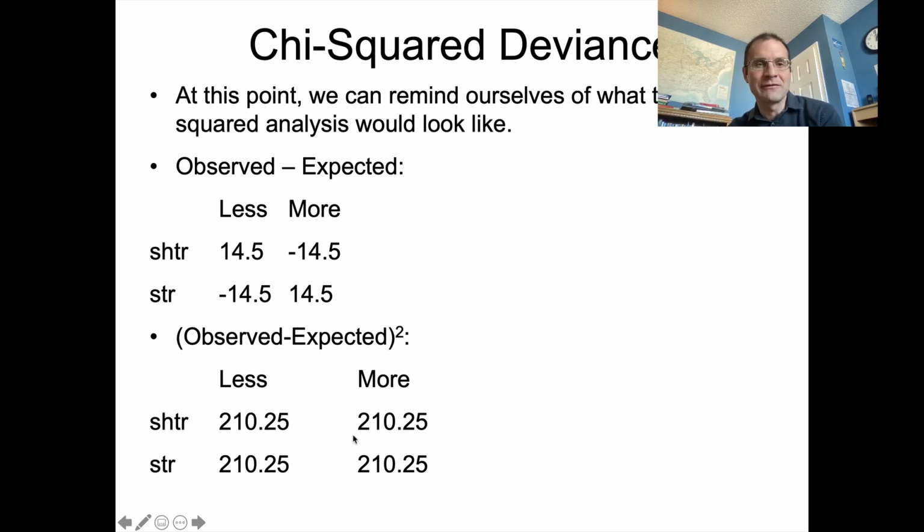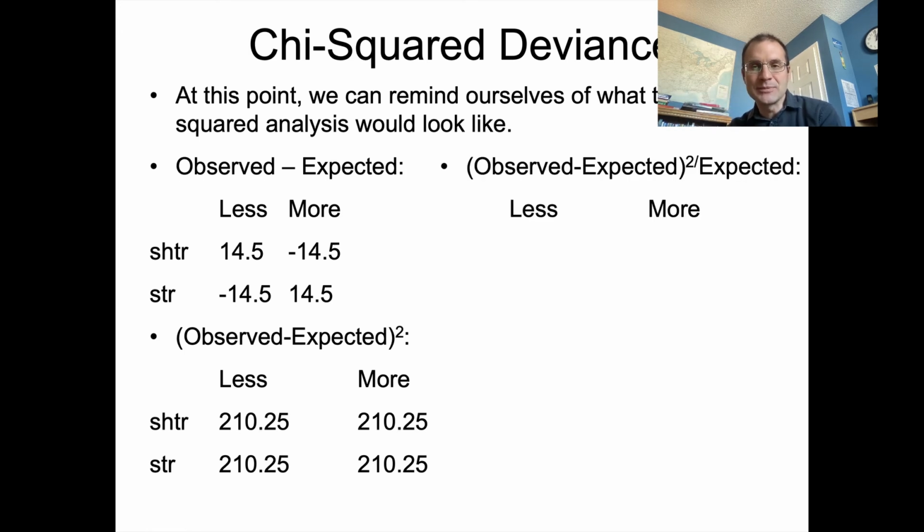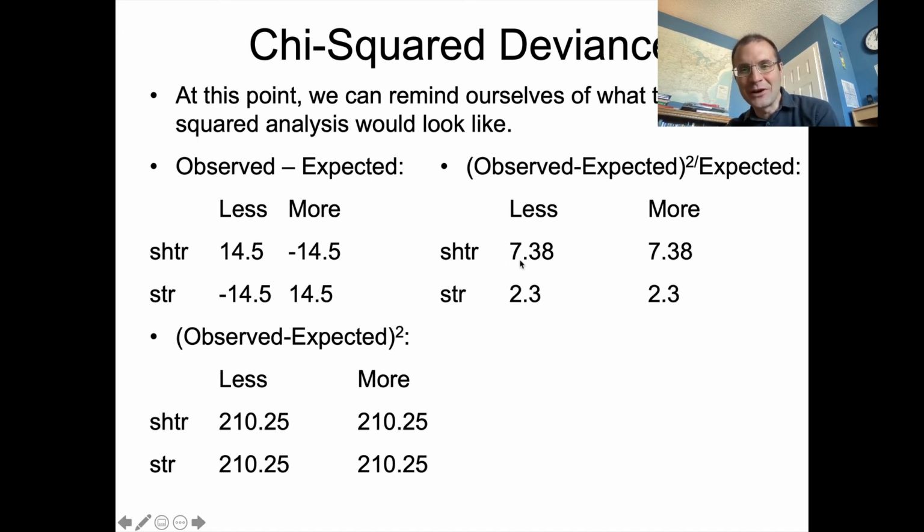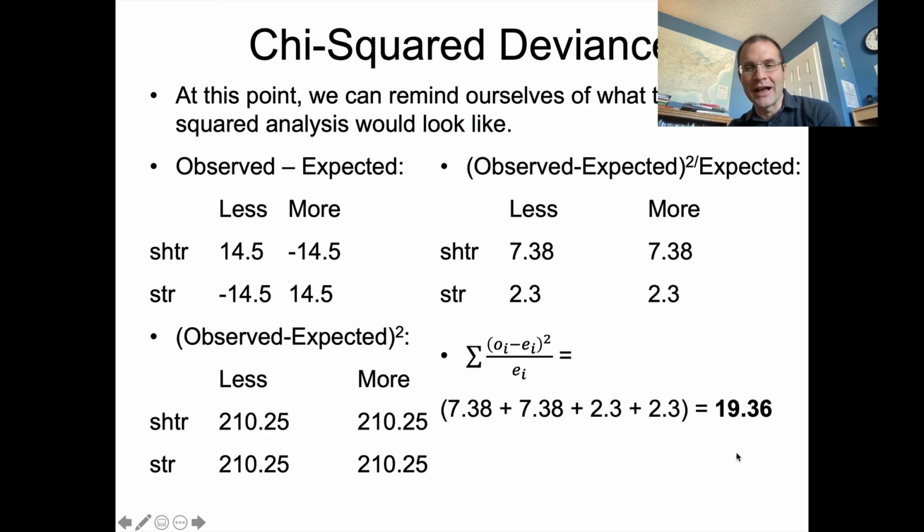Remember, there's only 1 degree of freedom here because we have a 2 by 2 table. You divide those by the actual expected numbers. Things start getting a little more interesting. So you get 7.3 at the top, 2.3 on the bottom. You sum up all of those numbers and you wind up with an overall chi-squared statistic of 19.36. And then you just evaluate that in terms of the 1 degree of freedom that you have.